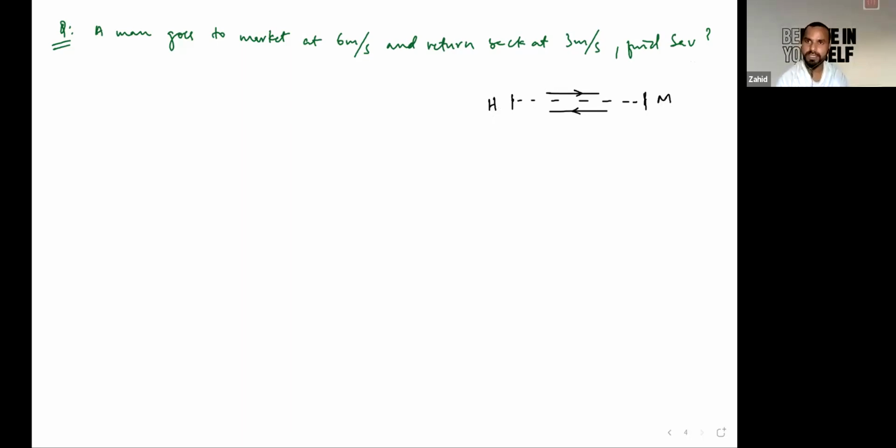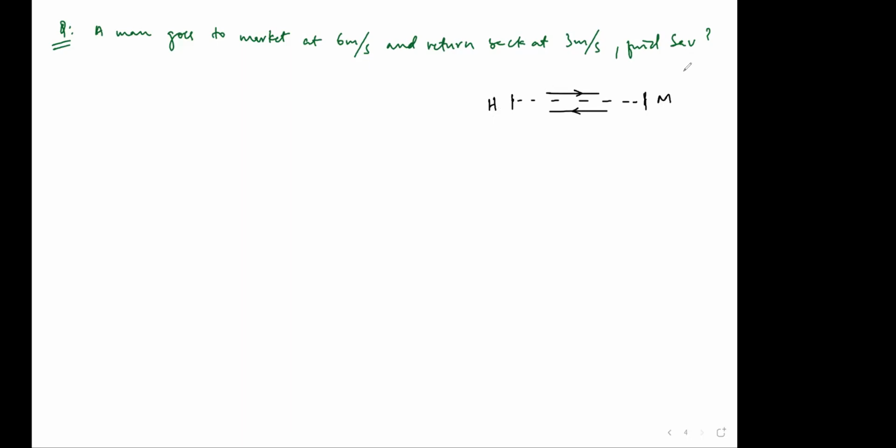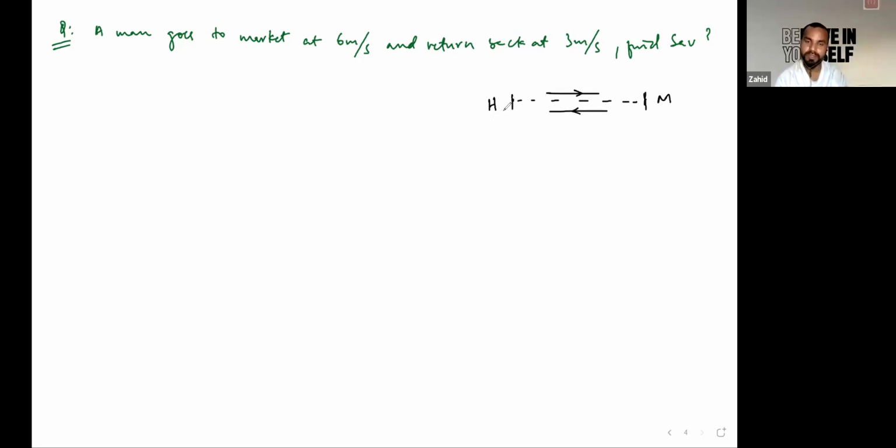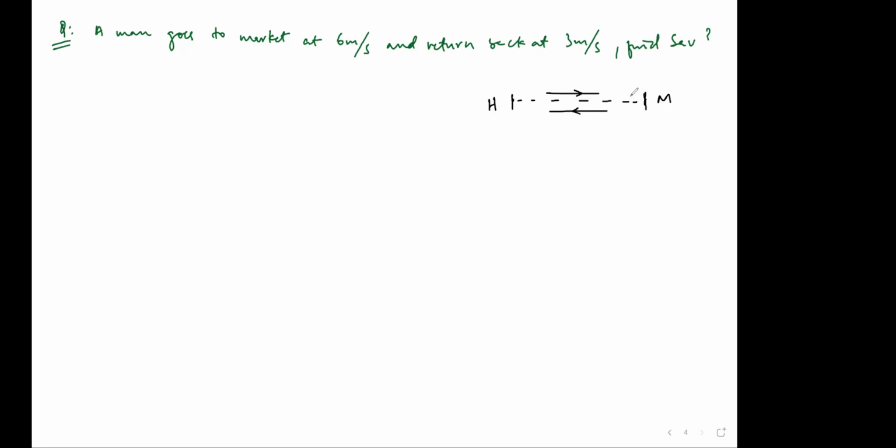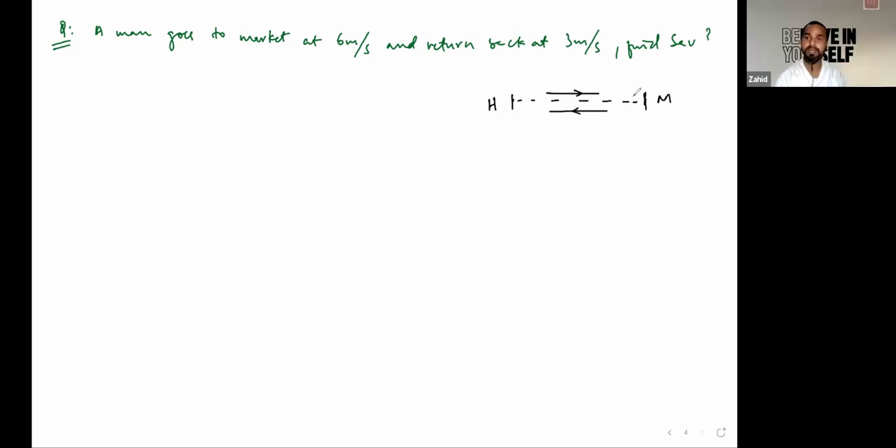Are they equal or unequal? Unequal. Okay, no. Distance is equal. As the path going from home to market is the same, you'd say distance in either direction would be equal.